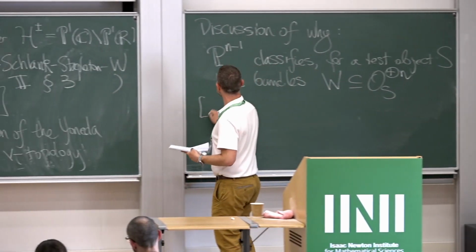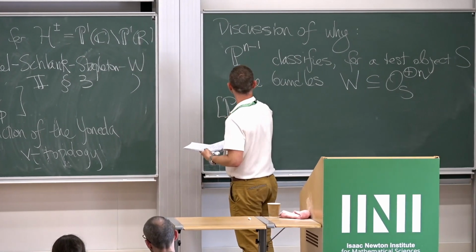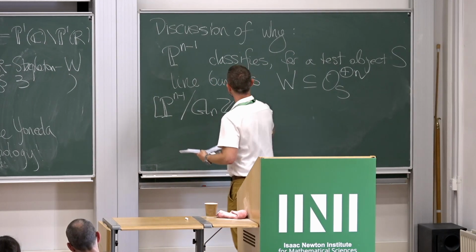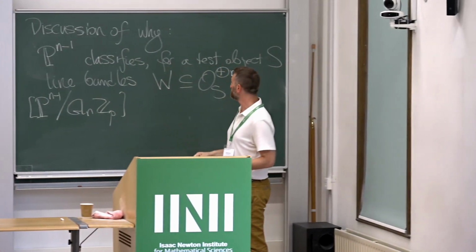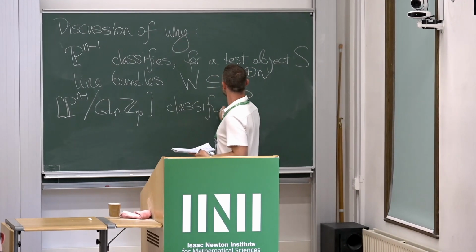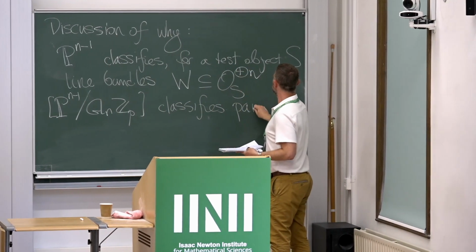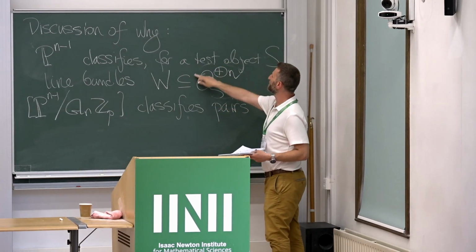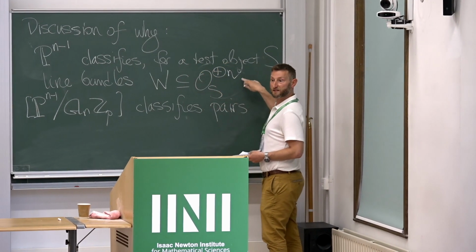What would this stack mean? Now I've modded out by this action of GL_n(Z_p). And this classifies, if you like, pairs. So we kind of removed the basis from this by doing so.